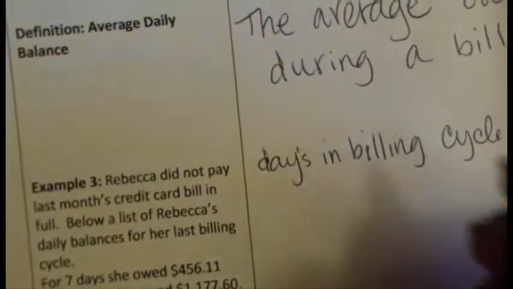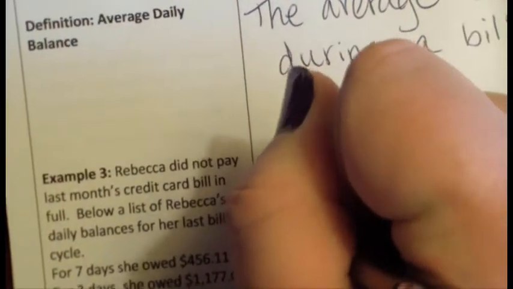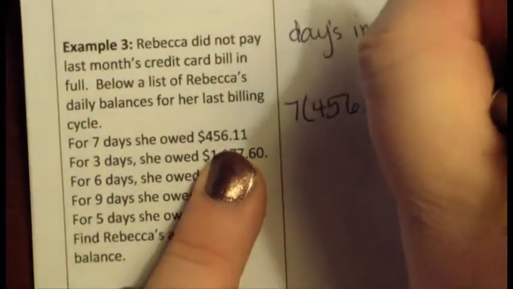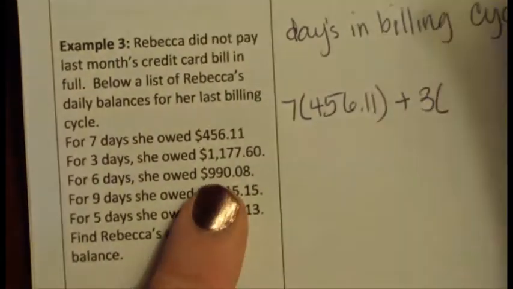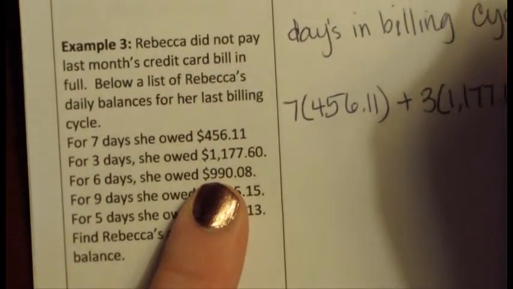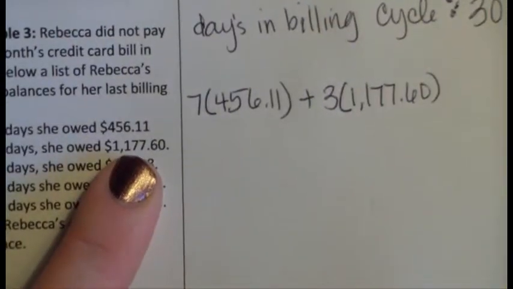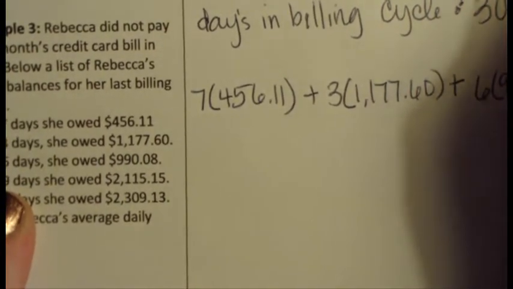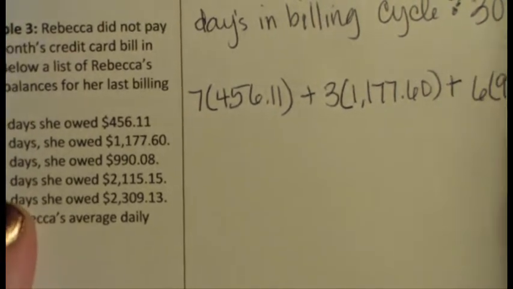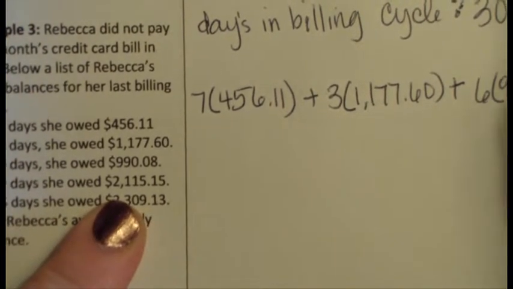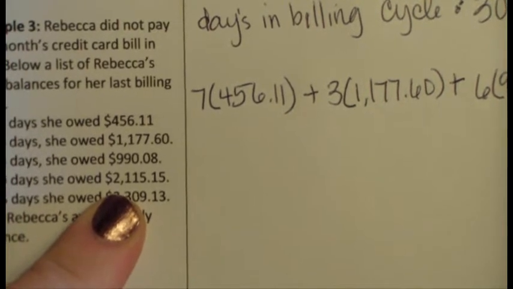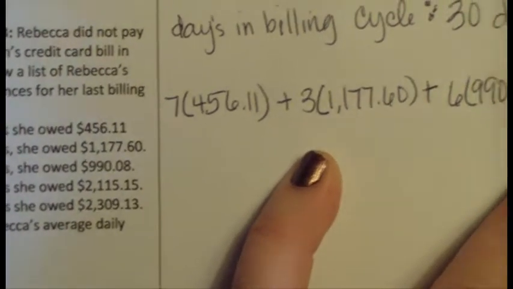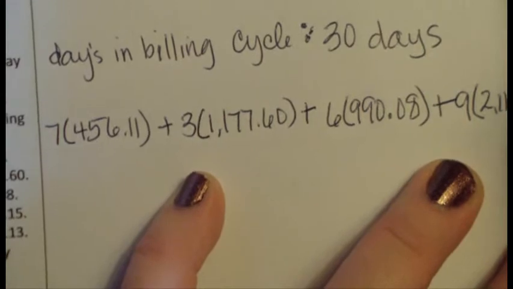All right, so we're going to do 7 times $456.11 for the 7 days she had that balance, plus 3 times $1,177.60 for the 3 days she had at that balance, plus 6 days at $990.08, plus 9 days at $2,115.15, plus 5 days at $2,309.13.